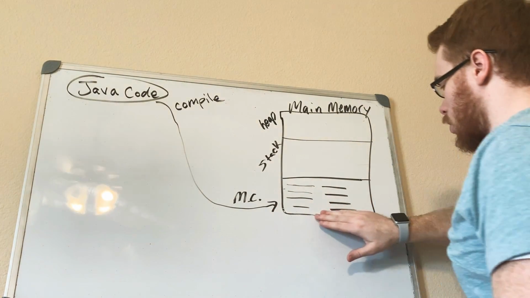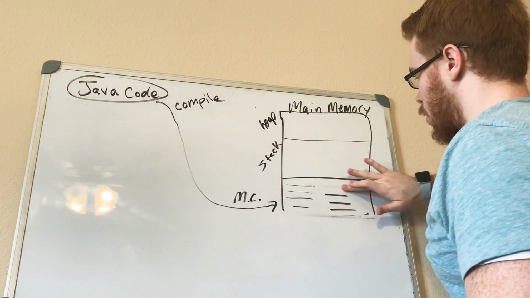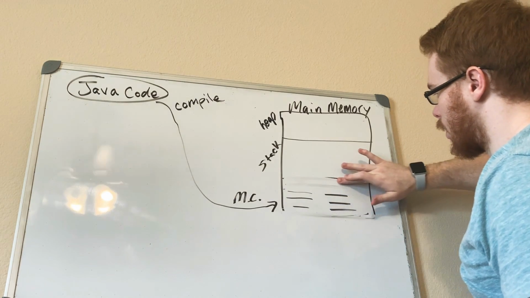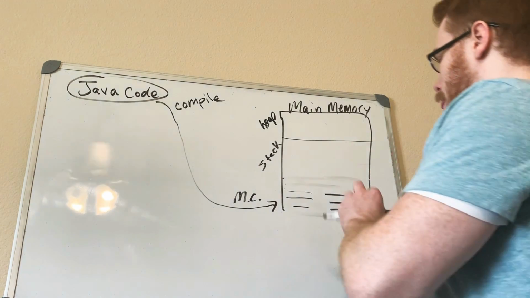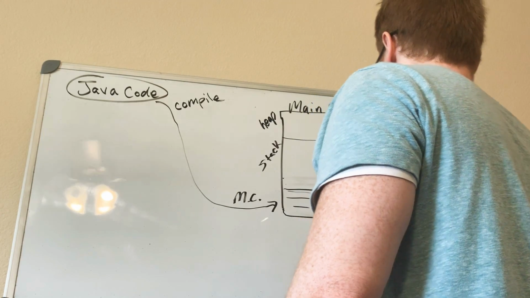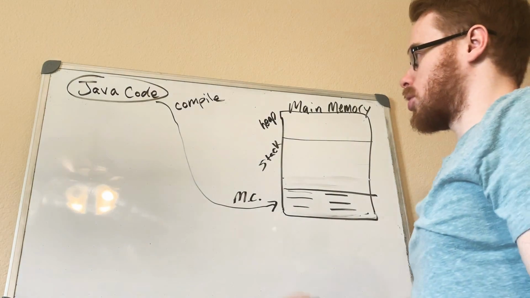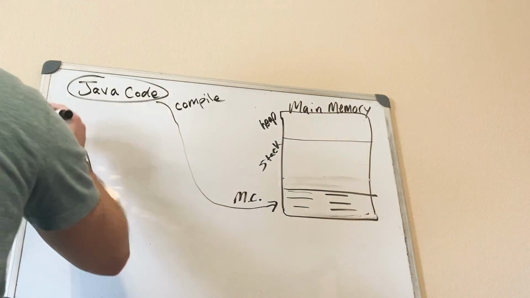Now, let's make this just a little bit larger because we might need a little more room here in the stack. I think that's okay. So let's get an example over here.